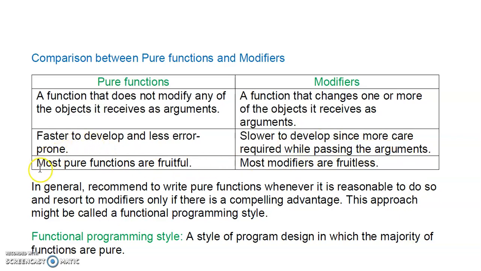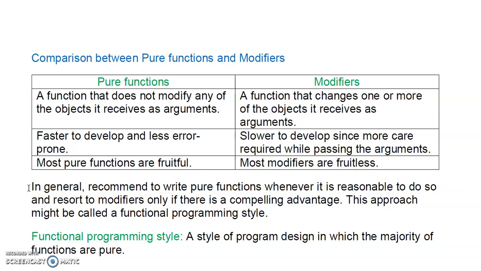Most pure functions are fruitful. Most modifiers are not fruitful, they are fruitless. The reason is we are not returning any value in the modifiers. Instead, the reference we have passed will have the changes done there. It is almost like pointers that we are passing. That is how it works.